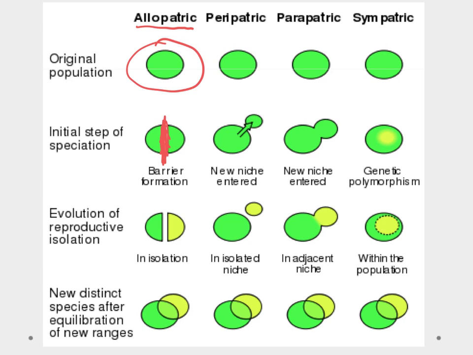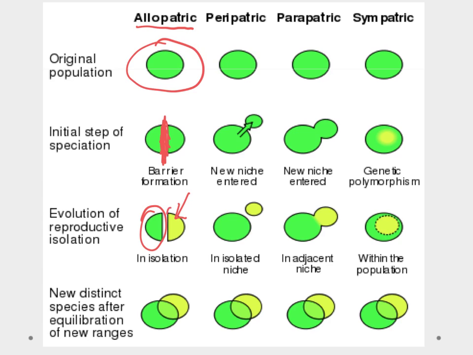Once they're separated, if conditions were the same as they were, there's no change. But if we have a new condition here, then we start seeing natural selection take over. We start seeing different traits favored, and those different traits become more prevalent, and eventually we get into speciation.